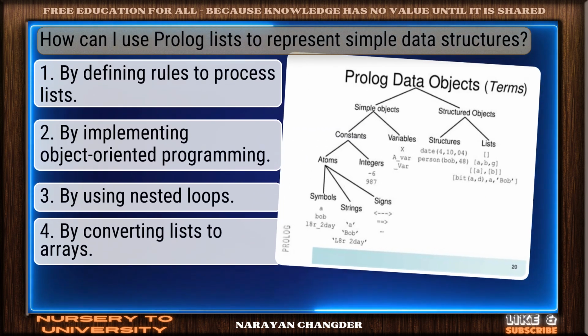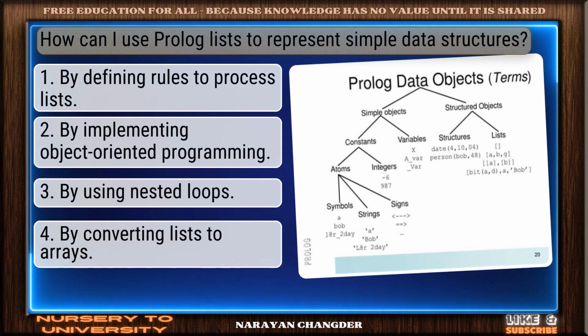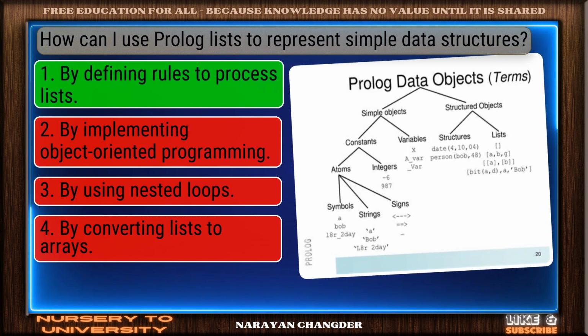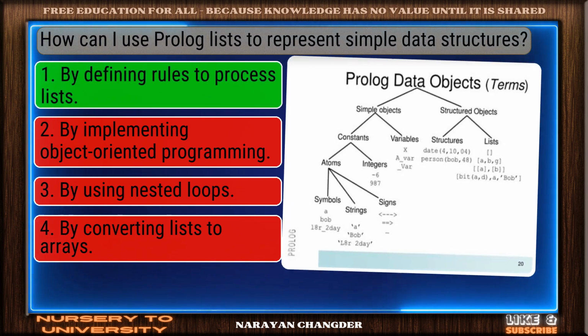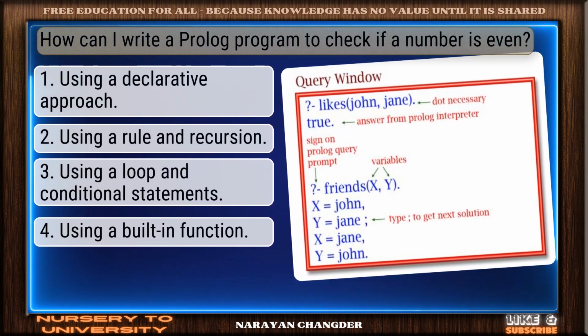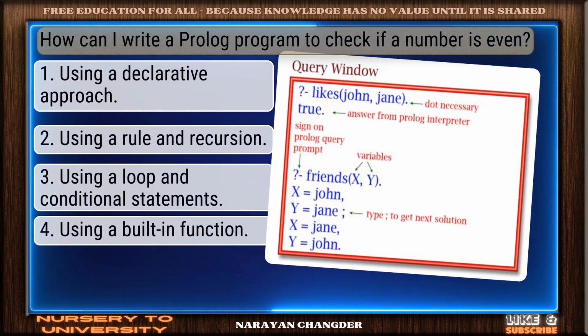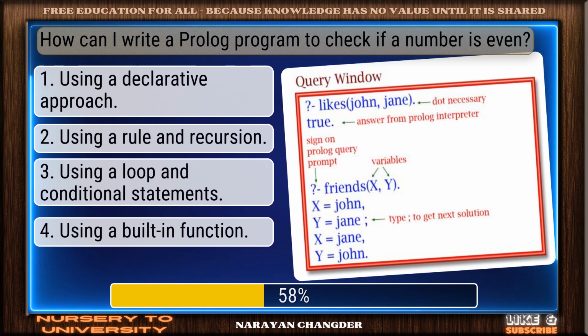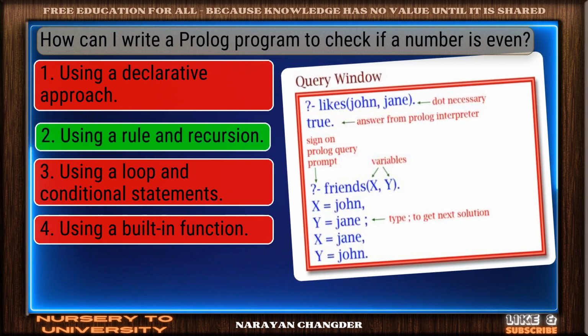Question number 17. How can I use Prolog lists to represent simple data structures? Correct response. By defining rules to process lists is the most accurate answer. Question number 18. How can I write a Prolog program to check if a number is even? Perfect.